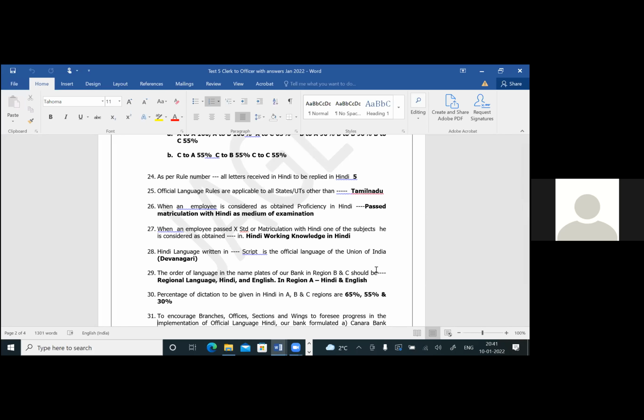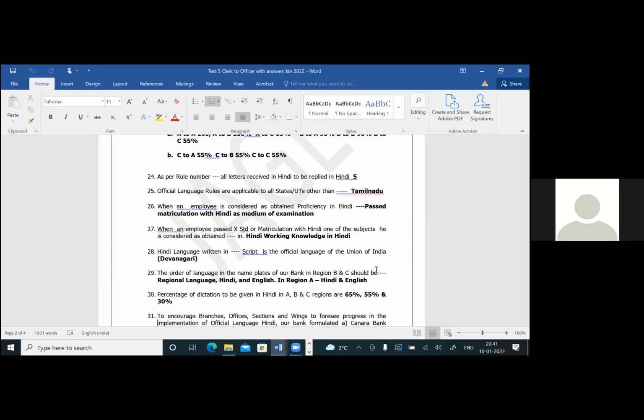So in A region, the name board should contain first Canara Bank in Hindi, followed by Canara Bank in English. In B and C regions, for example, your branch is in Punjab or your branch is in Tamil Nadu, in that case, first the regional language. So Punjabi or Tamil will come first, followed by Hindi, and third one is English.